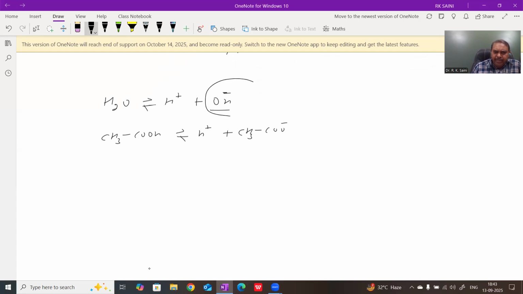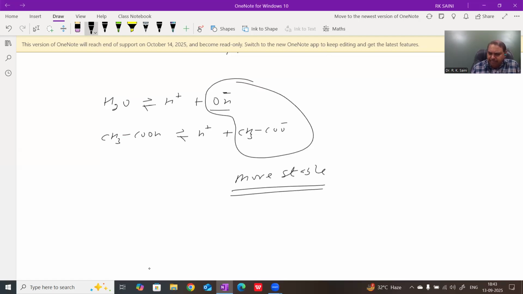When the conjugate base becomes more stable, then their corresponding acid will be stronger. More stable, then their corresponding acid will be more acidic.